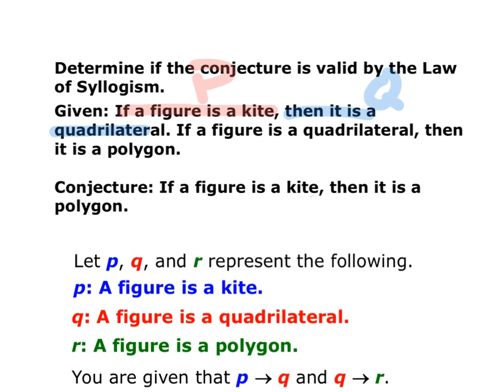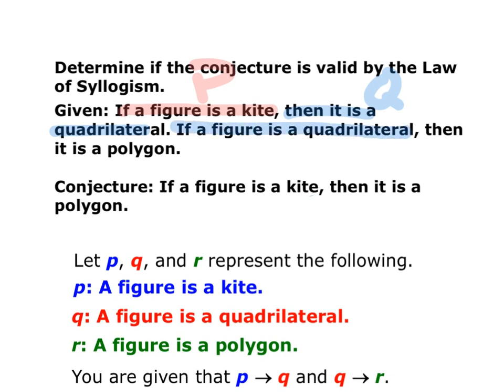If the figure is a quadrilateral, look, this is the same statement as the sentence before. So this would also be our Q. Then it is a polygon. So this is a new statement.